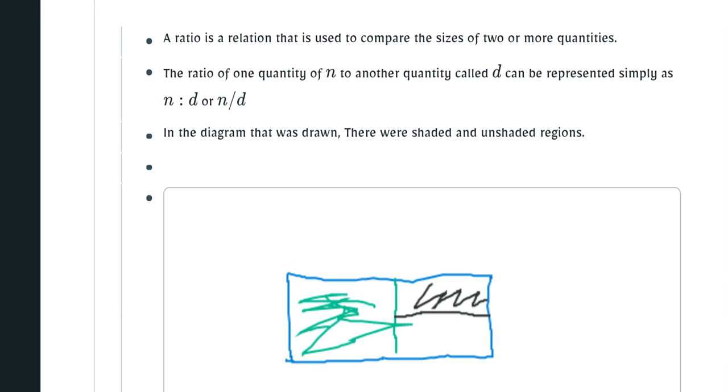So to get, for example, the N, we would count how many shaded regions. Let's write that. To get the amount of N's in this scenario, we count the amount of shaded regions.